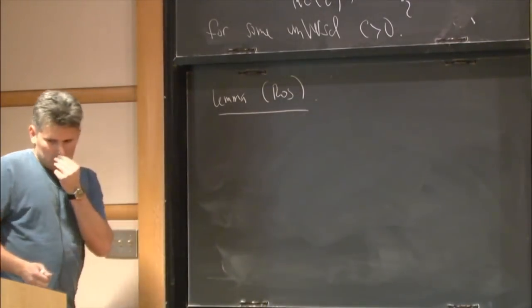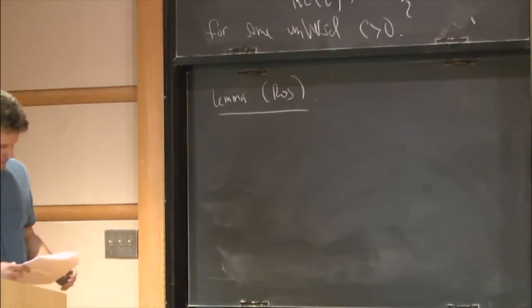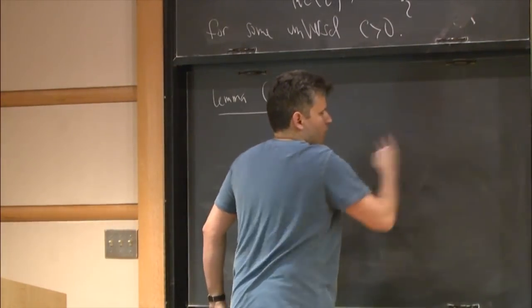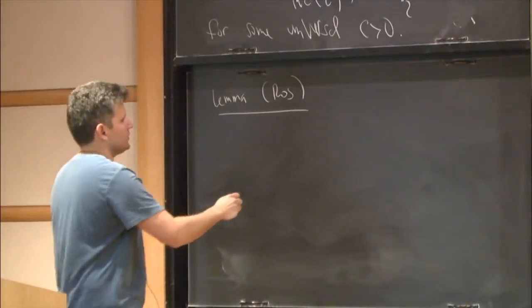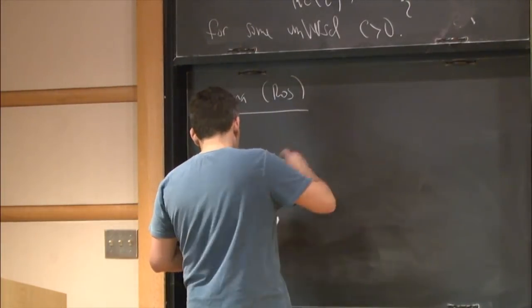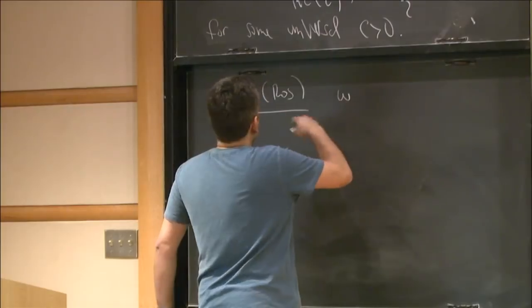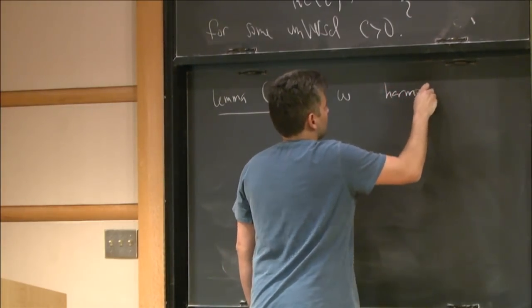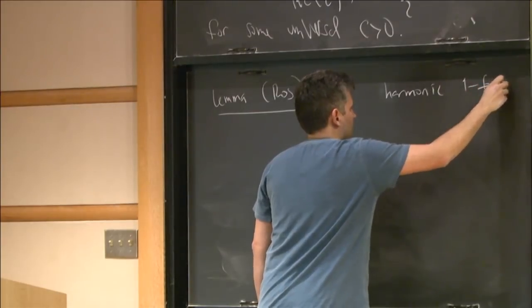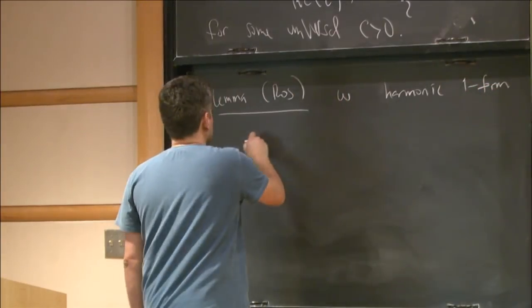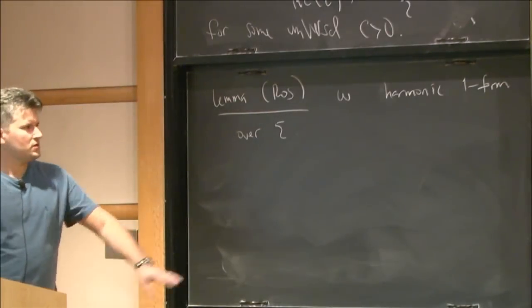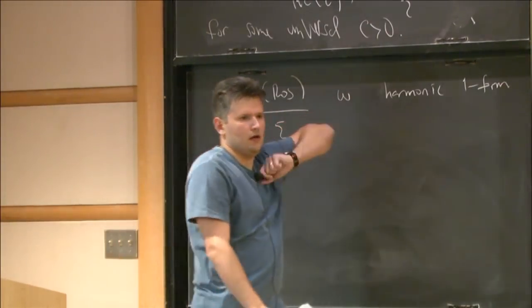So Ross has this lemma from which one can build a lot of test functions. Let's take a surface, and let's take a harmonic one-form over sigma. This is harmonic for the usual Hodge Laplacian.